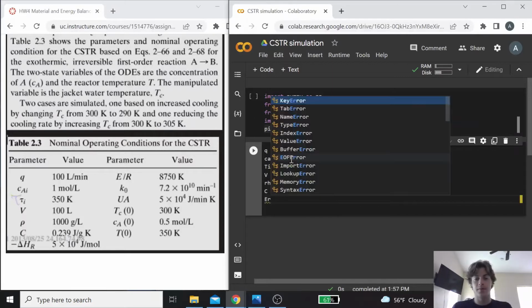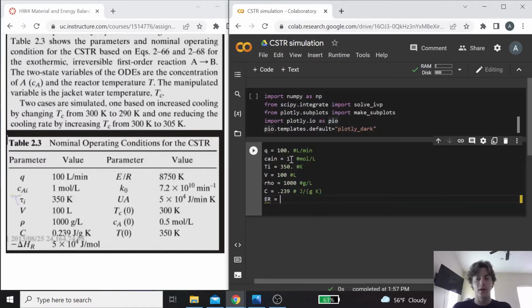The E over R, which I'll just call ER, is 8,750 Kelvin. The rate constant for this reaction is 7.2 times 10 to the 10th power inverse minutes.